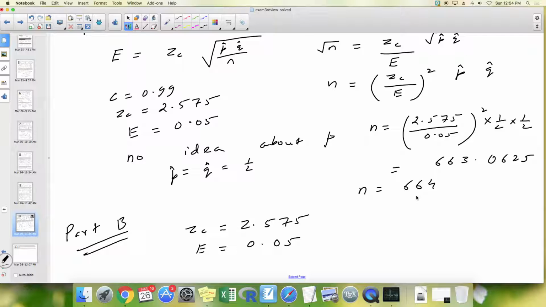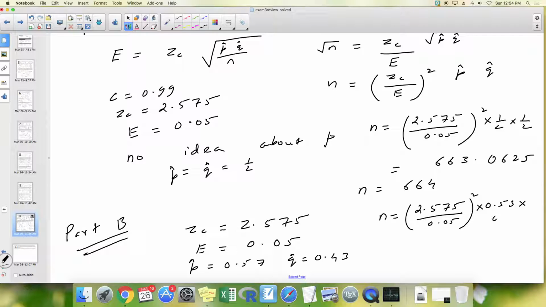But now p hat is 57%, which will mean q hat is 0.43, and that shall make n equals 2.575 divided by 0.05 whole square times 57% times 43%.